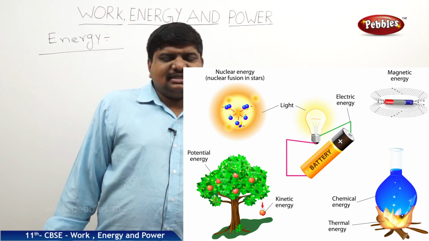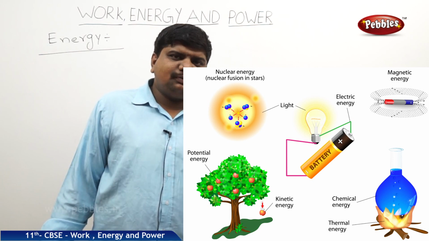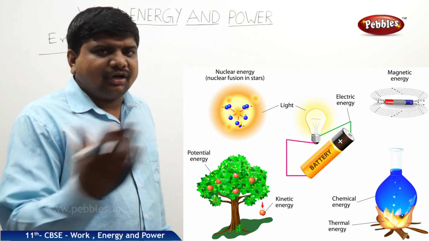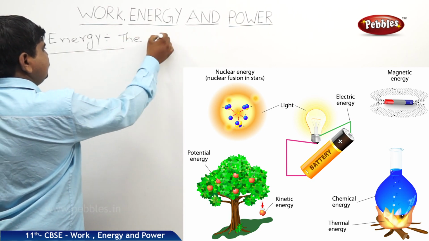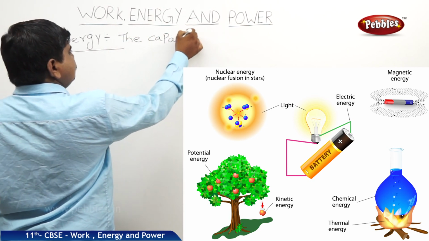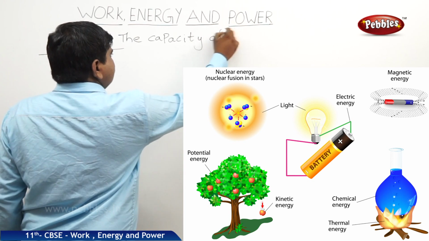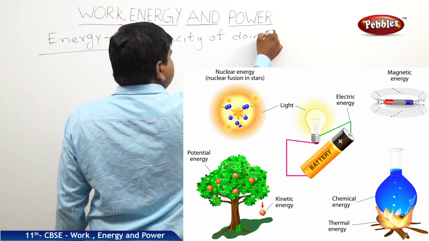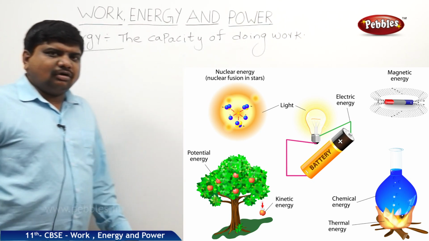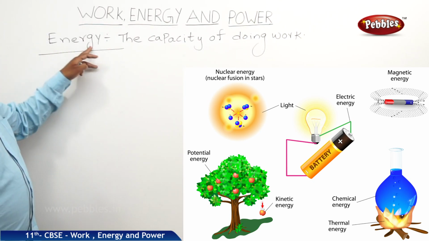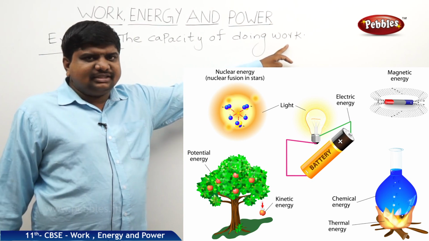That energy is applied in the form of force, correspondingly displacement takes place, and work is done. So energy is called the capacity of doing work. Energy and work are related to each other.